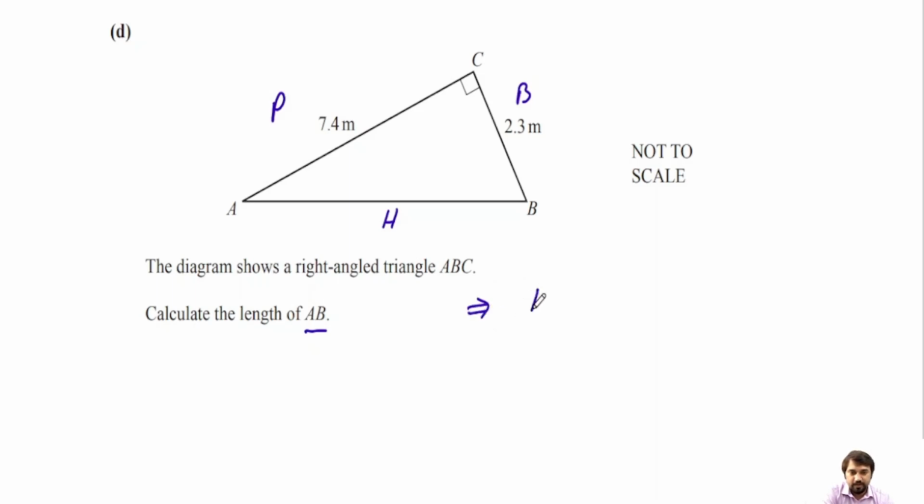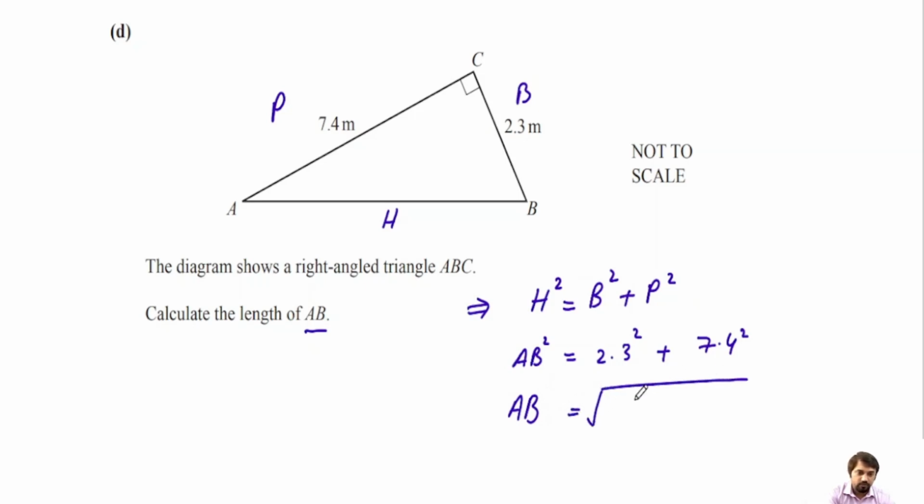We have hypotenuse square is equal base square plus perpendicular square. Now putting the values, hypotenuse is AB, so AB square is equal 2.3 square, perpendicular is 7.4, there will be a square. We need to calculate only AB, so take the square root on both sides like this.